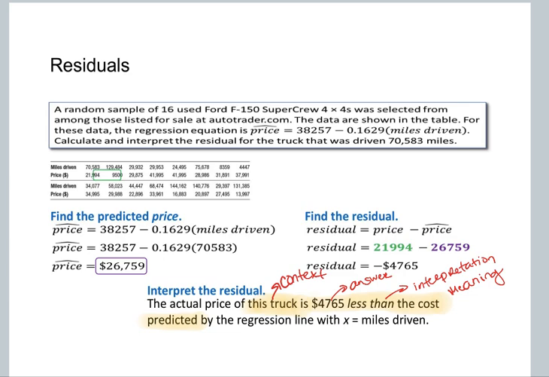If your answer is wrong, we just need to math better. And if you don't give me the interpretation, that means you didn't answer the question. They told you to calculate and interpret.